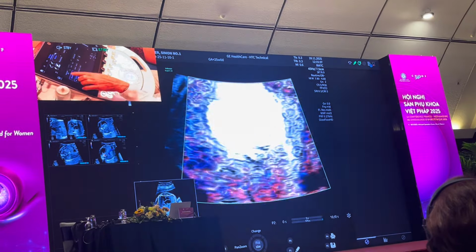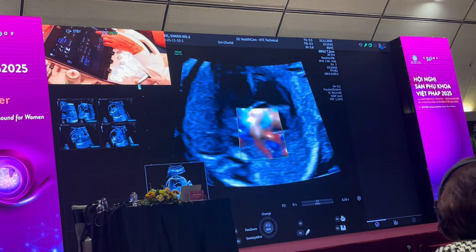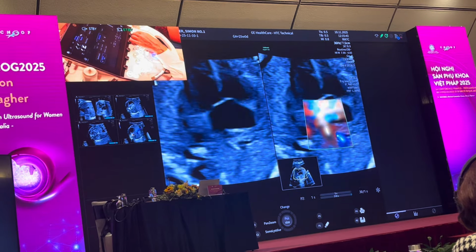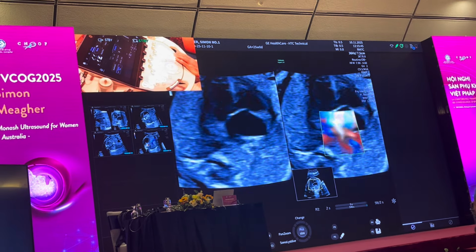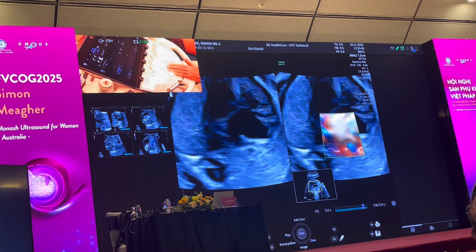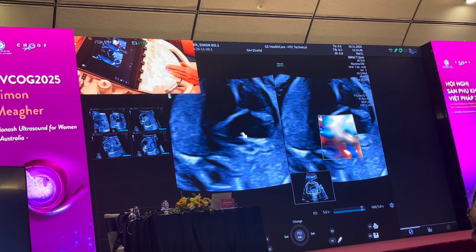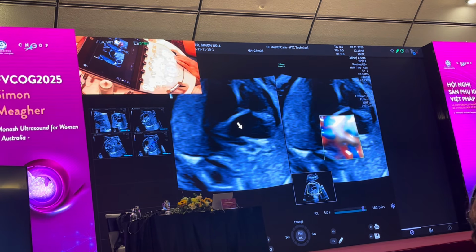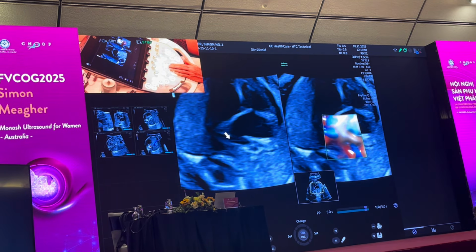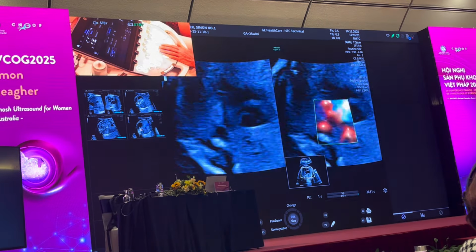After color, I use power. For looking at the pulmonary veins, I look at power. So when we look at this view here, we see the pulmonary veins entering into the left atrium. This is coming here and here into the left atrium. When I see the pulmonary veins entering into the left atrium, it excludes total anomalous pulmonary venous return.